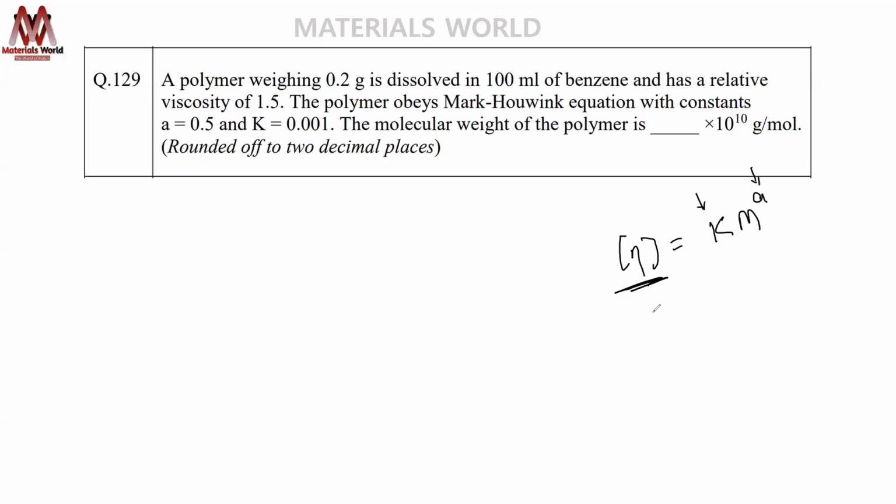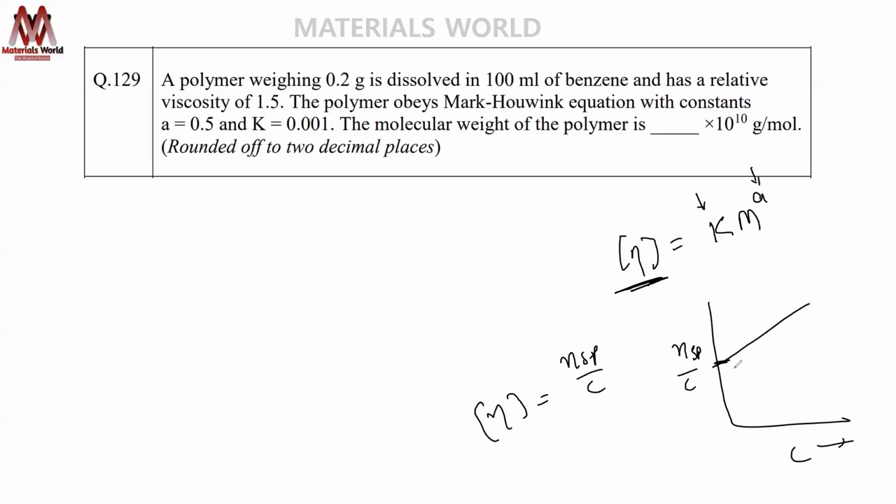Right? It's not a big task because, see, intrinsic viscosity is a special value of eta specific by C. If you plot eta specific by C against C, the intercept is the intrinsic viscosity, right?